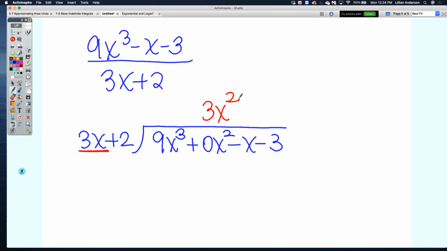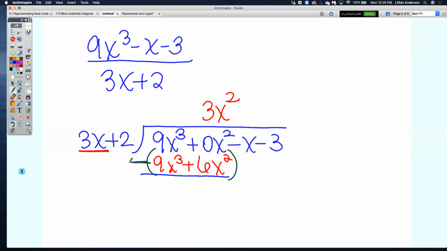Then you multiply that 3x squared by your entire divisor. What do you get? 6x squared. Then you'll have to do what? You subtract. You subtract the entire expression, which is essentially changing the signs of each term.